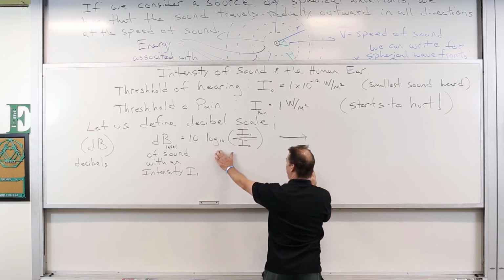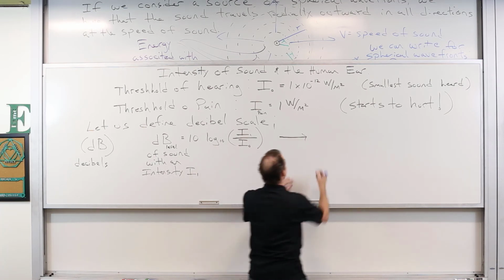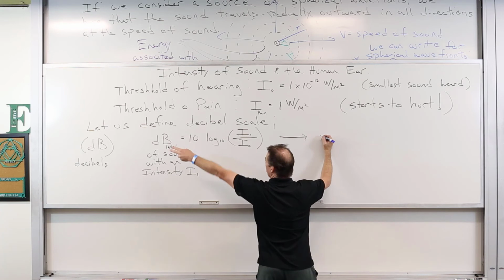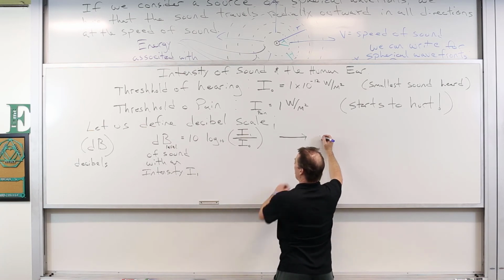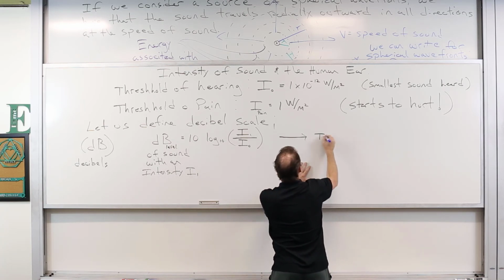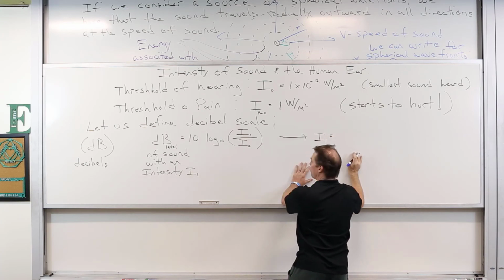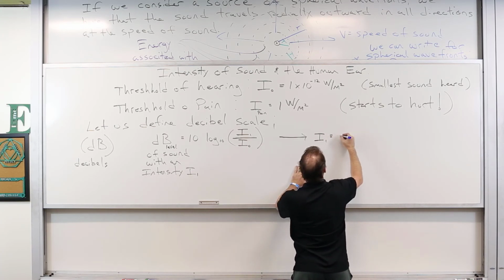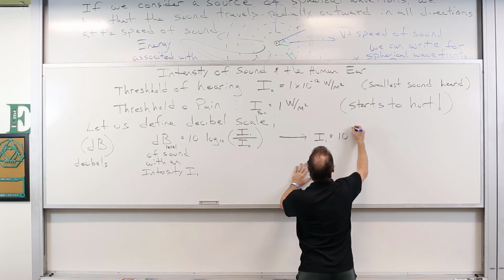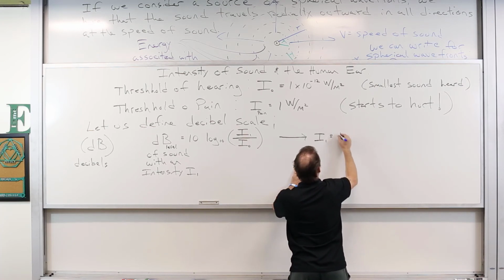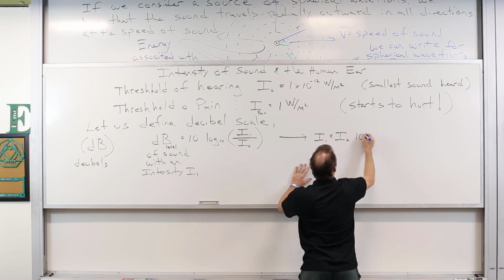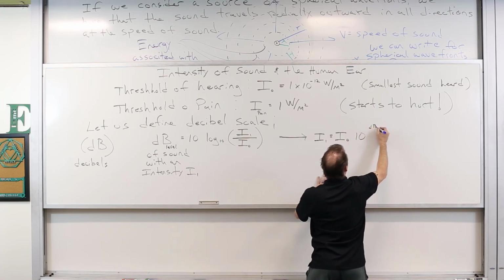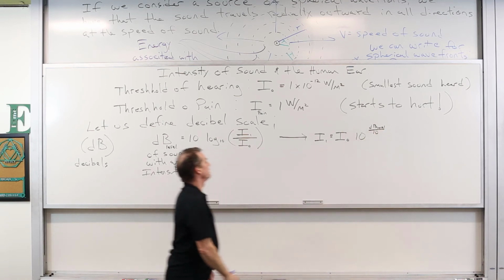Again, the inverse function of log base 10 is 10 to the x. So divide both sides by the 10, and we've got ourselves that I1 is equal to I0 times 10 to the dB level divided by 10.